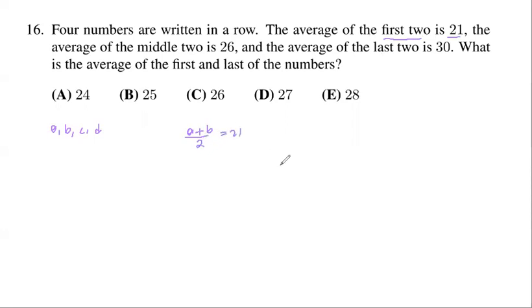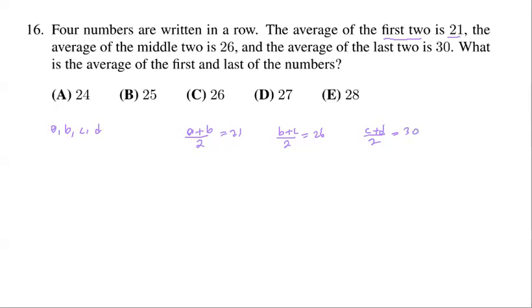That's our average. The average of the middle two, which is B and C, so B plus C over 2 is equal to 26. And the average of the last two is 30, which is C and D. So C plus D over 2 is 30, right?